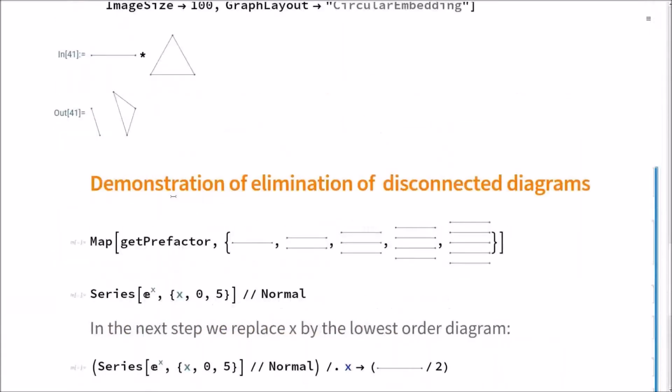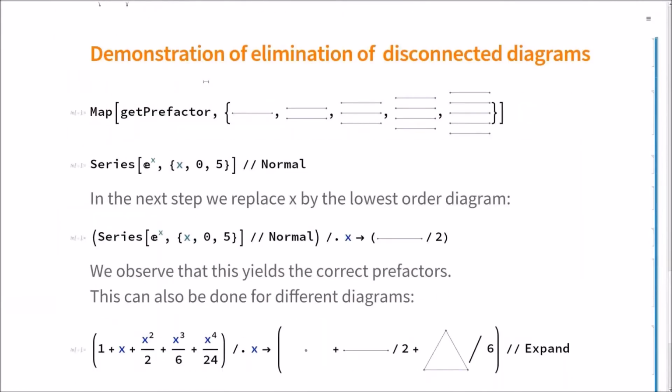So next we go to this. We want to demonstrate how we can eliminate all these disconnected diagrams. And for this, we are looking at what the prefactors of these diagrams are to higher orders. So we have here a list where we go to higher orders of these types of diagrams, and we calculate the prefactor of this.